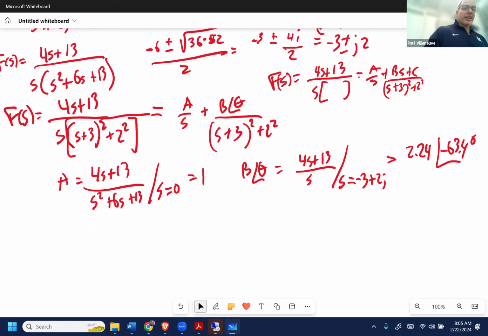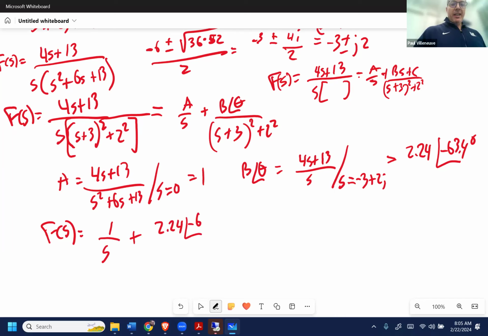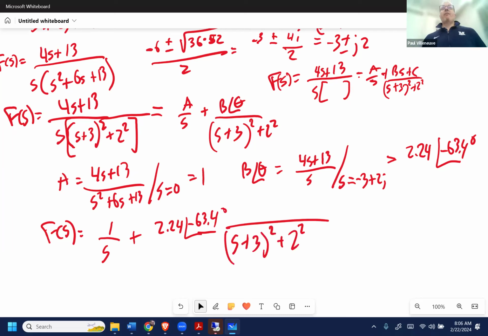So my partial fraction expansion is going to be 1 over s plus 2.24 at an angle of minus 63.4 degrees over s plus 3 squared plus 2 squared. But remember, to go ahead and have the sine term in the table, I have to have omega here in the numerator.